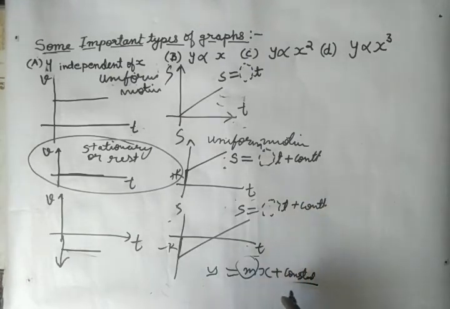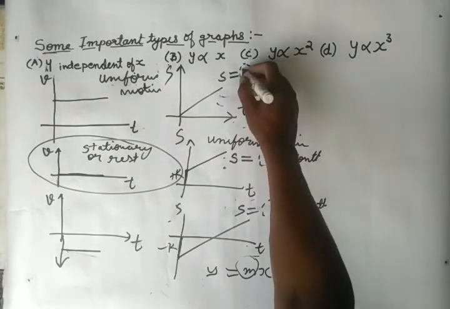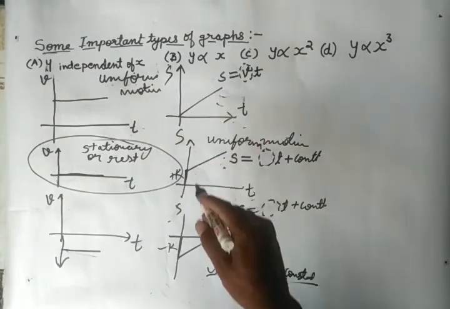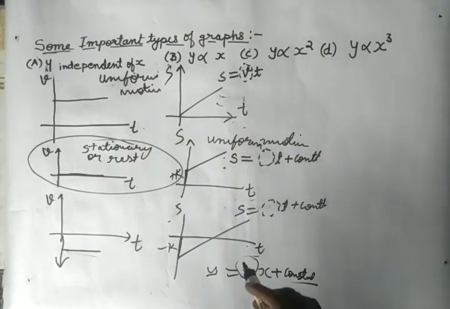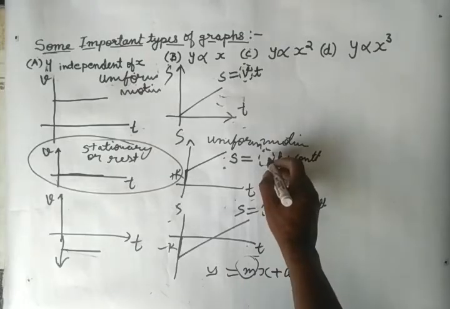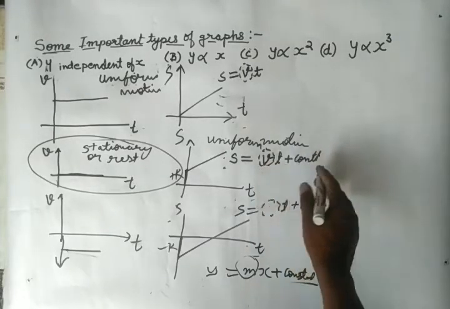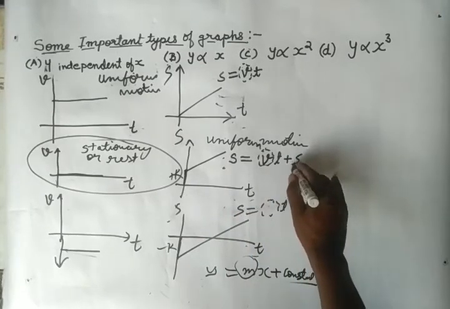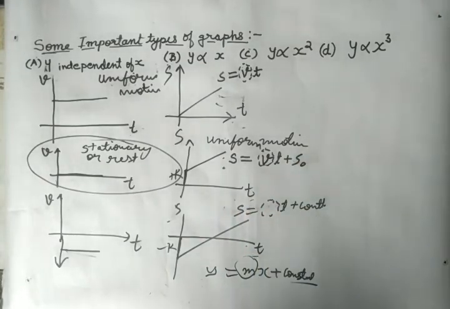All right, y equal to mx plus c, where m is called slope. And what is the slope of the ST graph? It is velocity. So s equal to vt, isn't it? Displacement equal to velocity into time, or distance equal to speed into time. So here velocity is constant. So these are the graphs for uniform motion. Velocity is constant. Similarly here, okay, we haven't gone through such kind of equation till now, but you can think something about this.